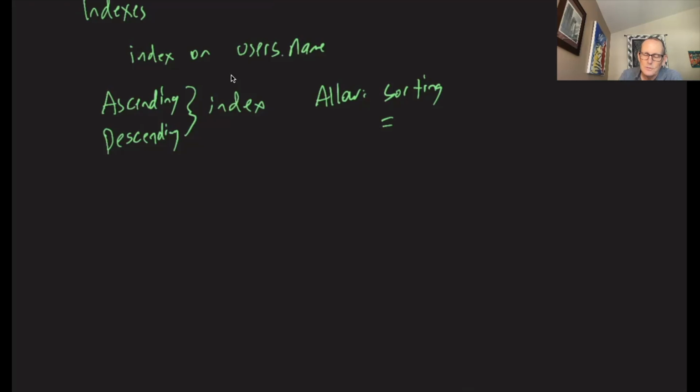You can also do less than, equal, greater than or equal. These are all the types of queries that can happen given an index.